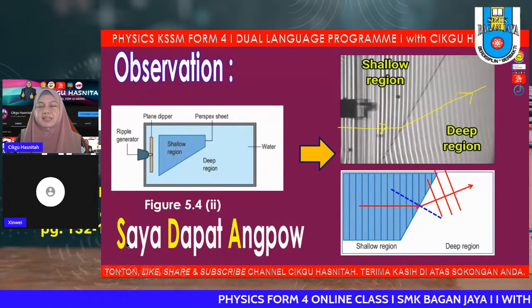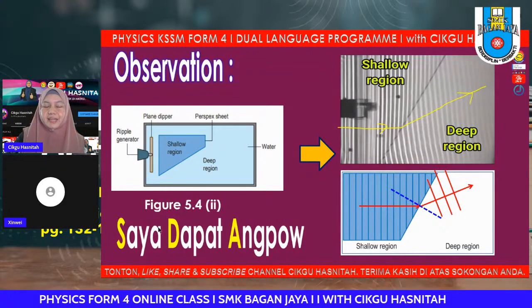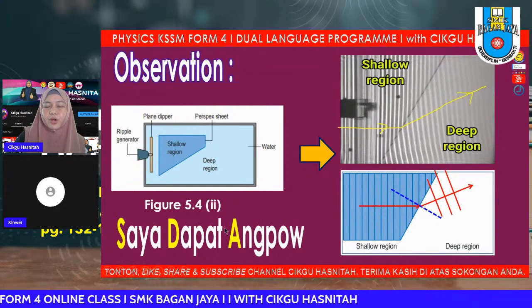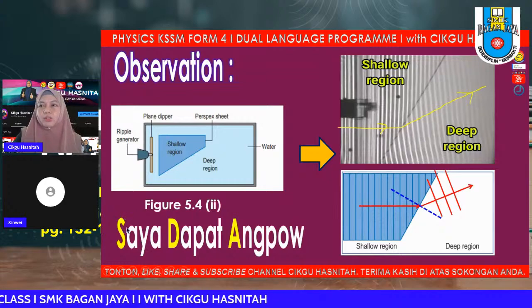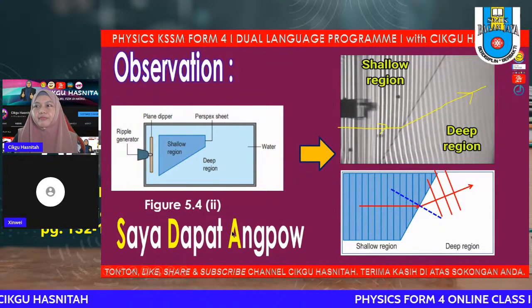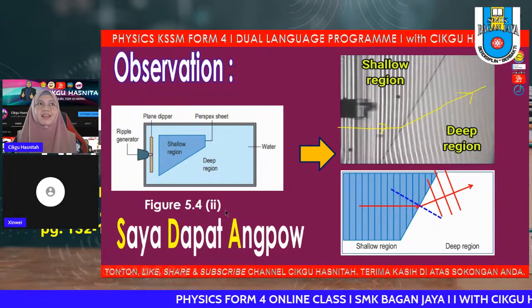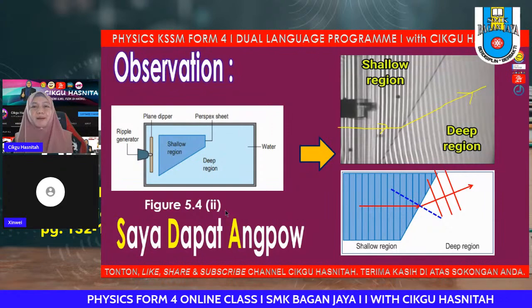S stands for shallow region, D is deep region, and A is away. So when the water wave moves from shallow to deep region, it will be refracted away from the normal. Easy: duit saya tiada, saya dapat ampau.